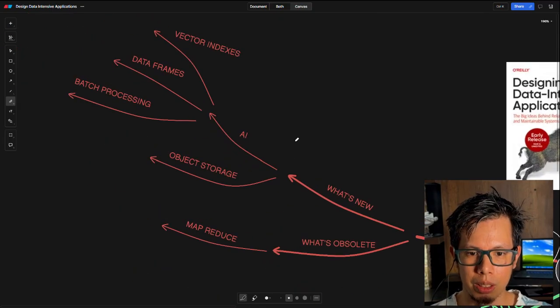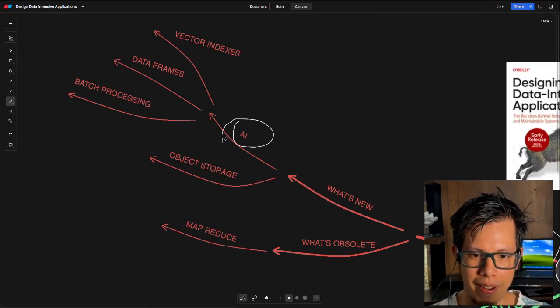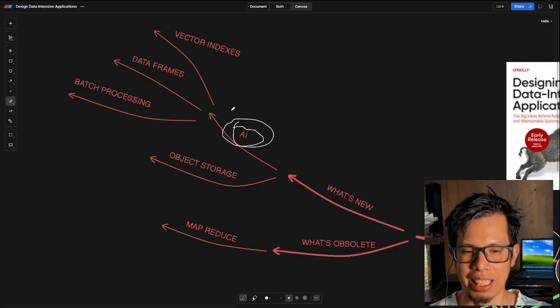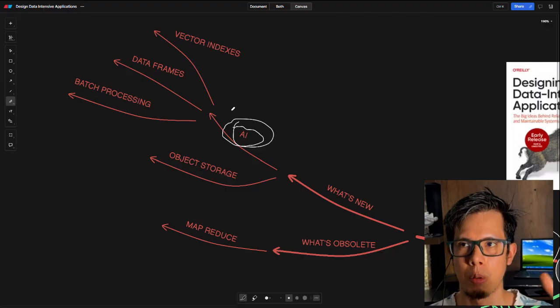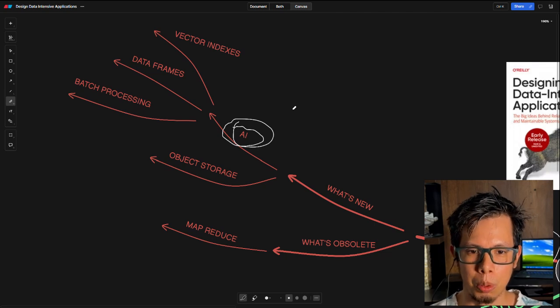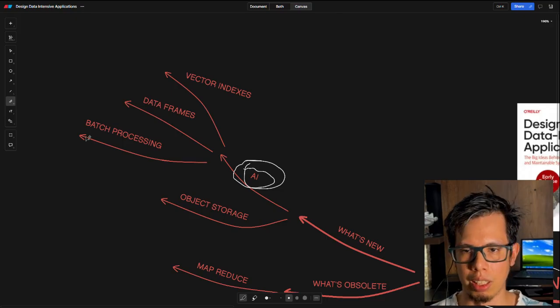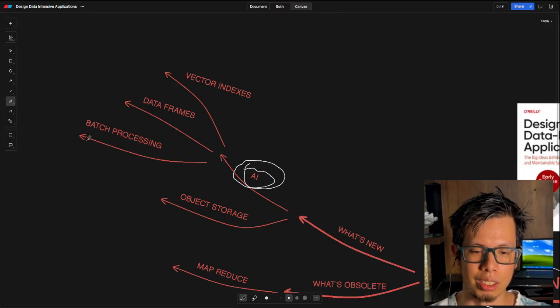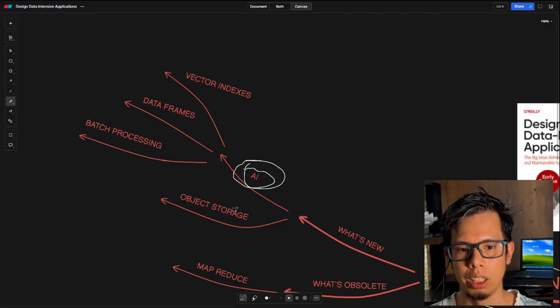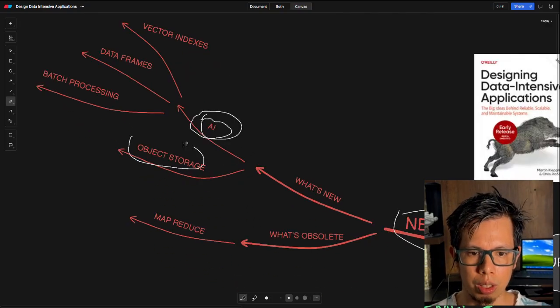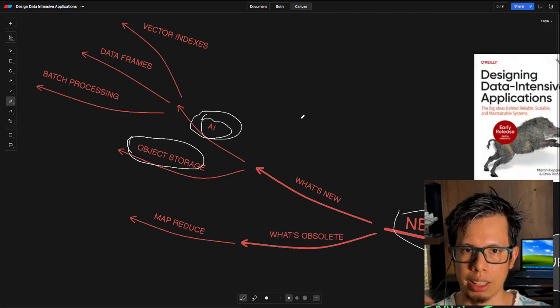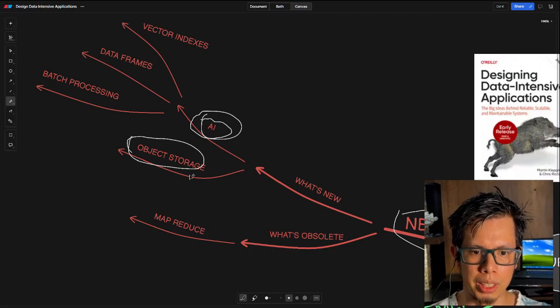What is new is, obviously, AI, which is trending everywhere currently, and this book will talk about it. It includes vector indexes, data frames, and batch processing to train AI. That will be included in this new edition, and it's not covered in the latest edition at the moment. Also object storage, which we can find in the cloud.